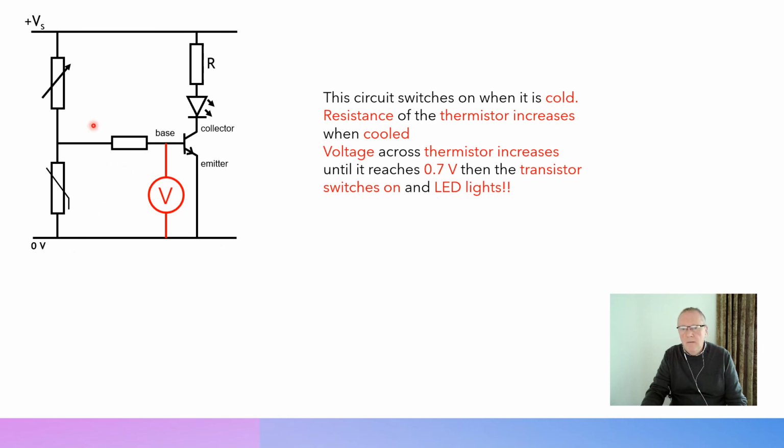And remember, in this case, there's no other part to the explanation because that voltage across the thermistor is your input voltage to the transistor. And if the voltage is increasing and it reaches 0.7 of a volt, then this transistor will switch on and the LED lights. So this circuit is for switching on something when it gets cold. So it's a cold temperature sensing circuit.